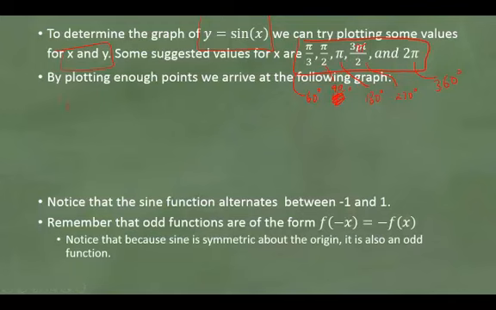So let's try to graph some points here for sine of x. Y is equal to sine of x. We have x values and y values here. Let's start with 0. Sine of 0 was 0. So 0, 0.